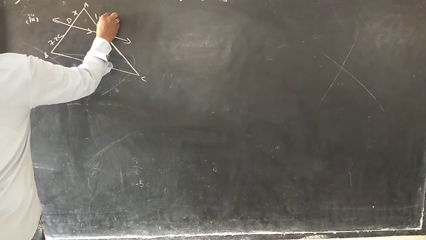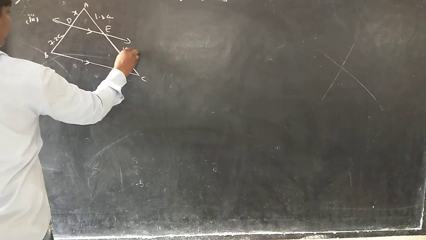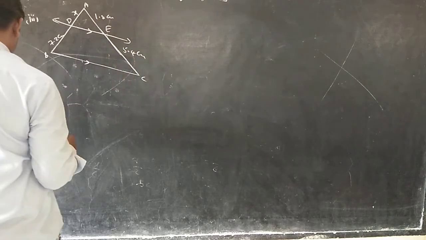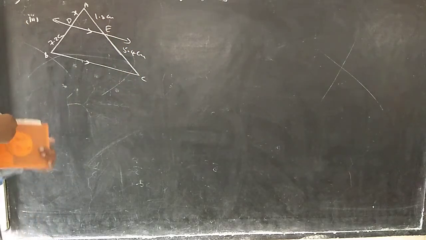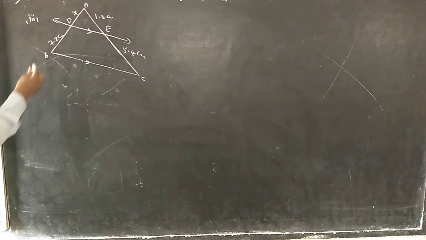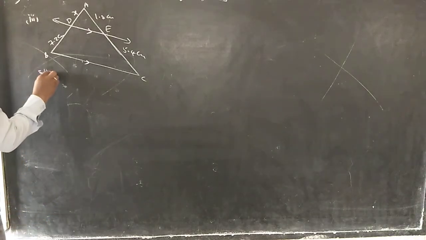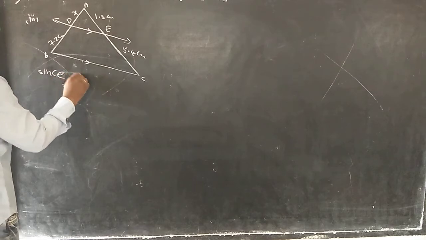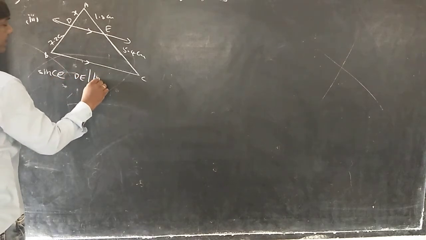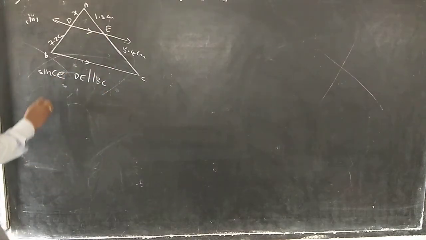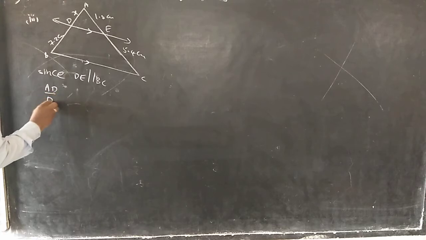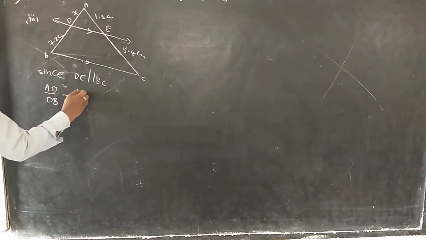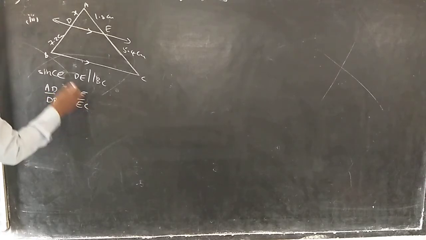This is 1.8 centimeters. This is 5.4 centimeters. And find the x. Since DE is parallel to BC, AD by DB is equal to AE by EC.